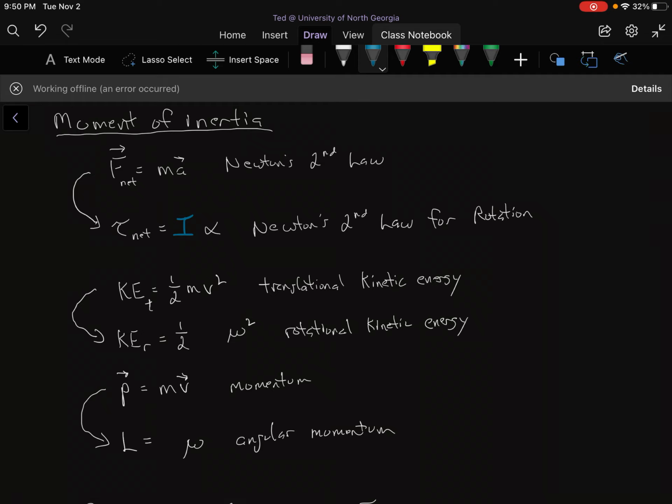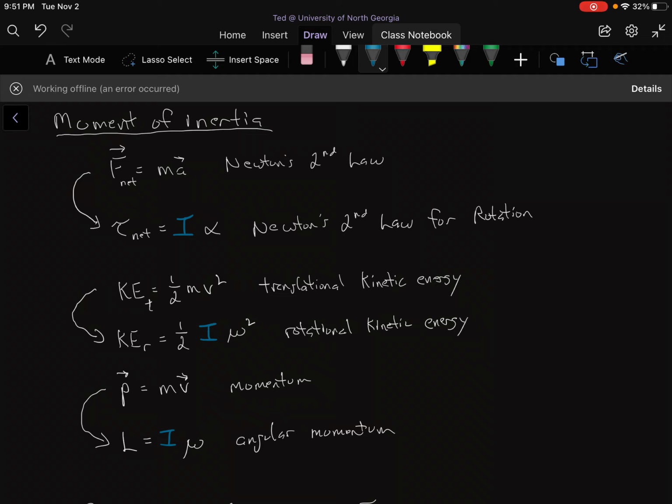So when we're doing Newton's second law, instead of force equals mass times acceleration, we get torque equals moment of inertia times angular acceleration, or torque equals I alpha. For kinetic energy, instead of 1/2 mass times velocity squared, we get 1/2 times the moment of inertia times the angular velocity squared. And for momentum, instead of mass times velocity, we get moment of inertia times angular velocity.